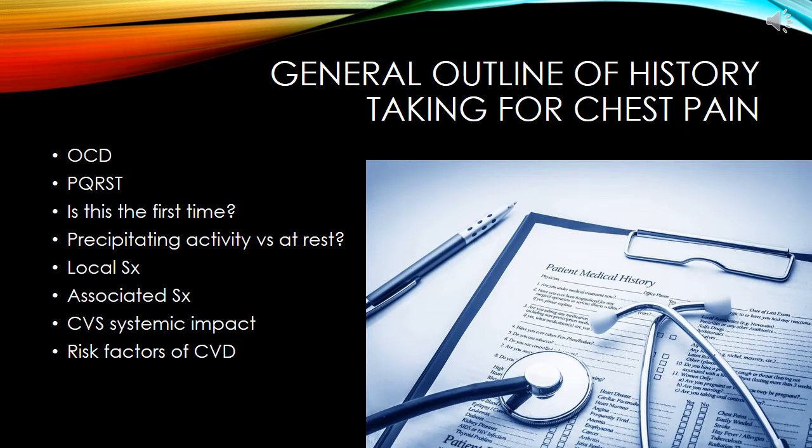And then you ask if this is the first time you're experiencing such a pain, and also you'll ask about precipitating activity versus whether it was present at rest. Any local symptoms, any associated symptoms, and you will also ask about cardiovascular systemic impact and risk factors for cardiovascular disease.